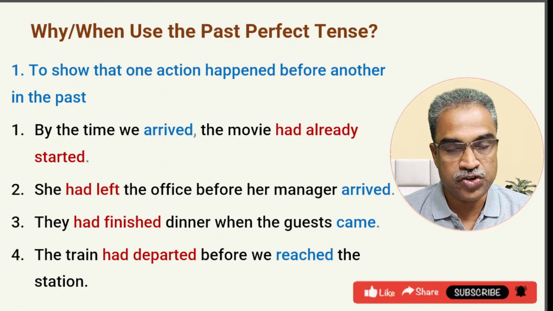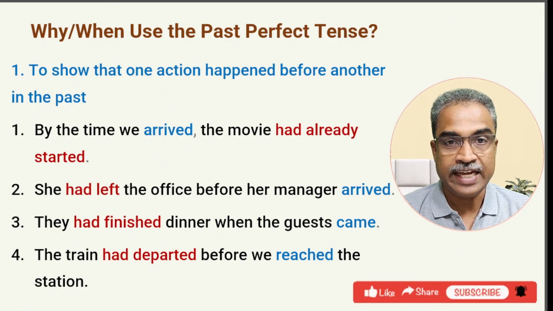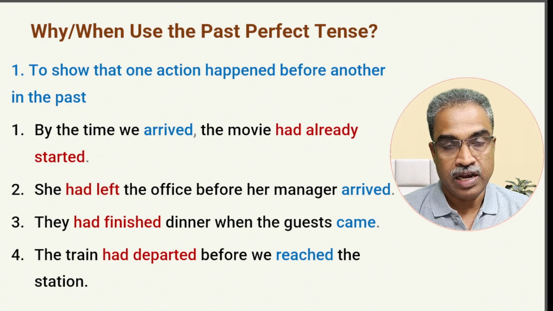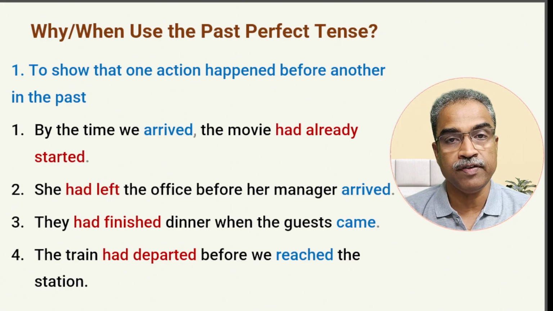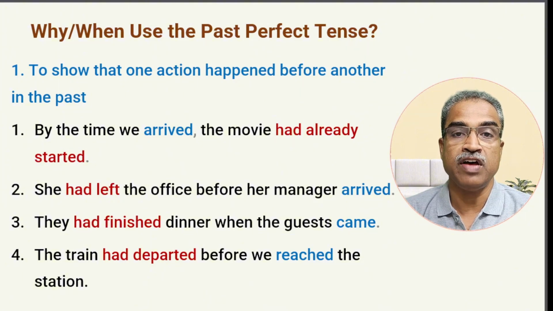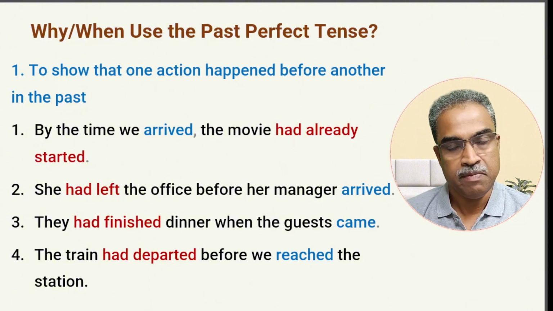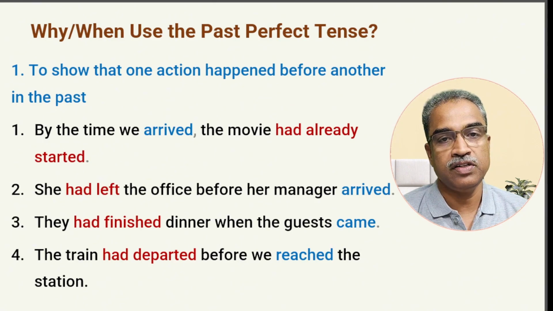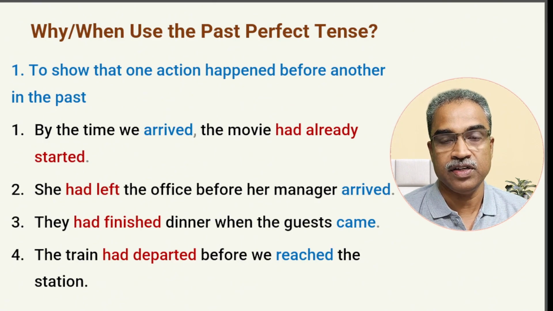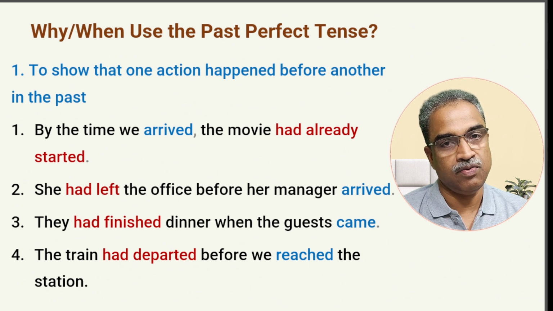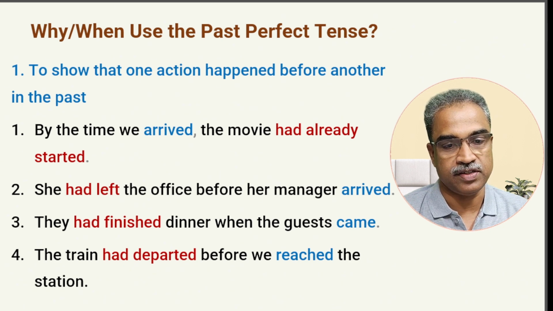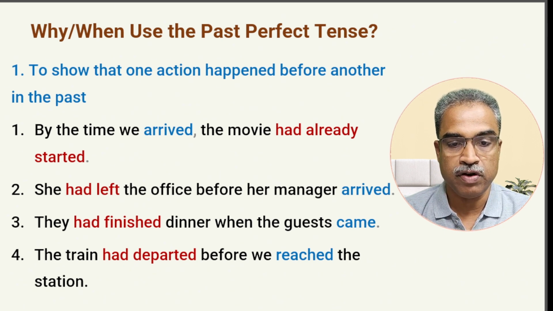So she, third person singular, she had left. Leave, left, left. V3 form. So she had left the office before her manager arrived. Manager, imagine he is masculine, so it's a he, manager, arrived. Again, V2 form. Simple past tense. So she had left the office before her manager arrived.